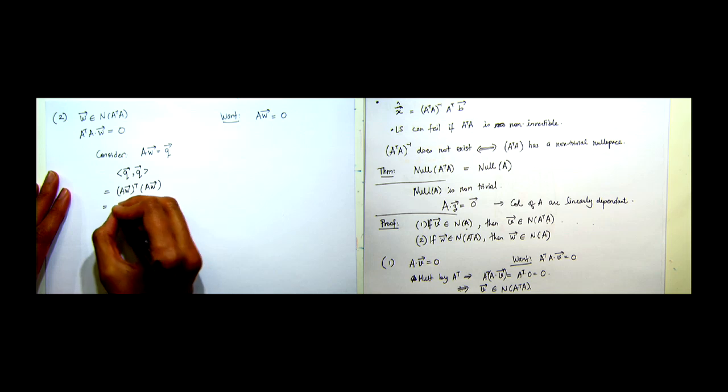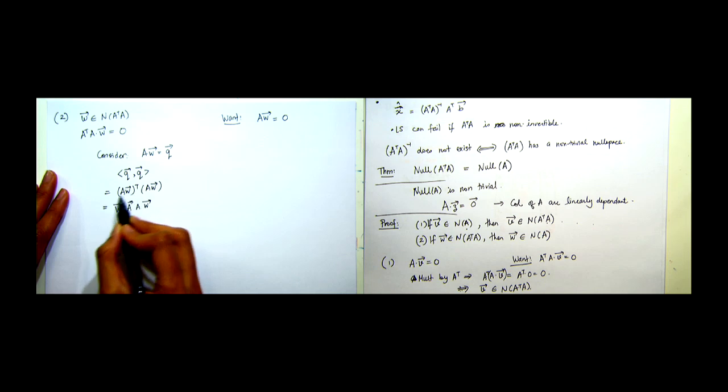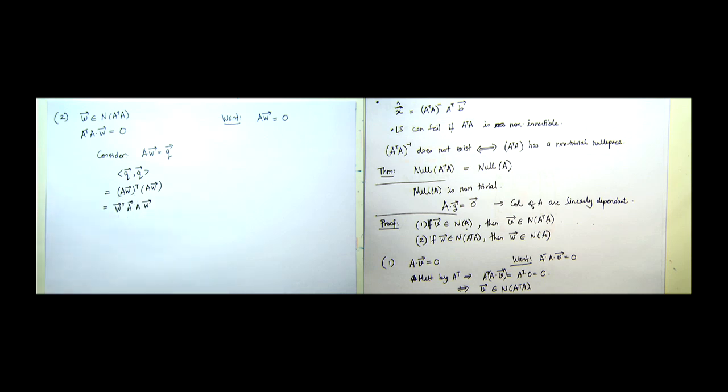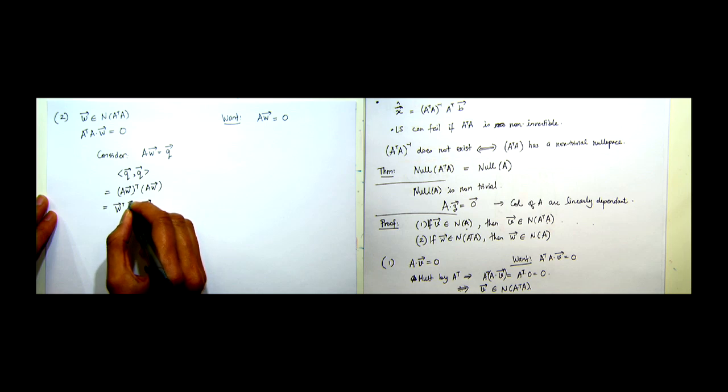But this is basically equal to W transpose A transpose A W. Right? This transpose can go inside and it flips the arguments. So I have this, but what is this equal to? Let me be very precise here.